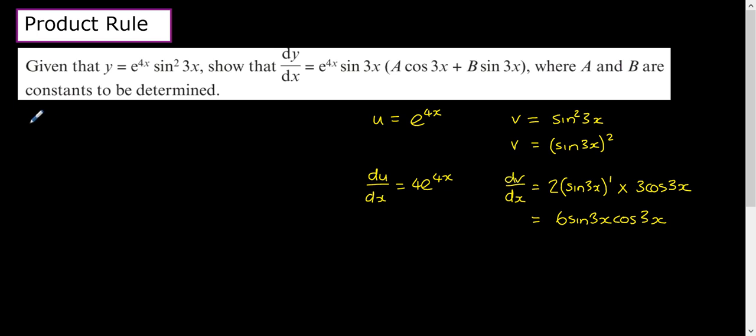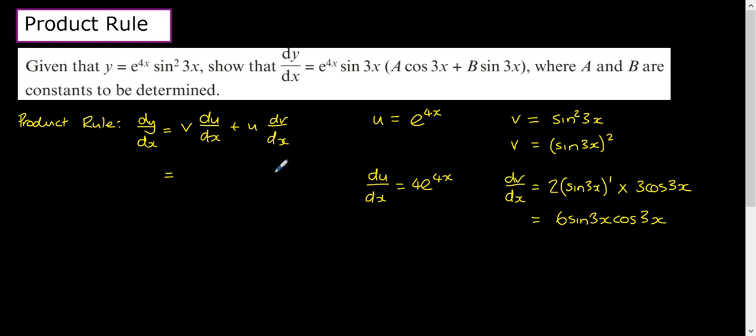And then our product rule. So remember, the product rule says that dy by dx, I always do write the product rule, but I'll show you a shorthand method of doing this in just a second, is v multiplied by du by dx plus u multiplied by dv by dx.